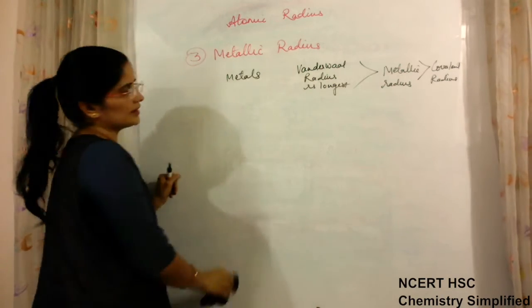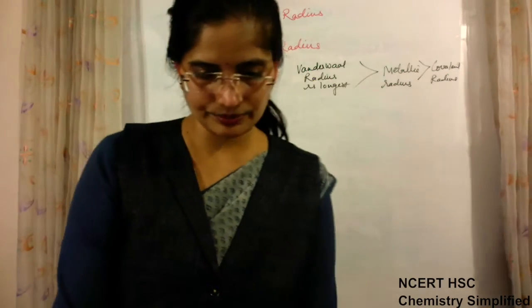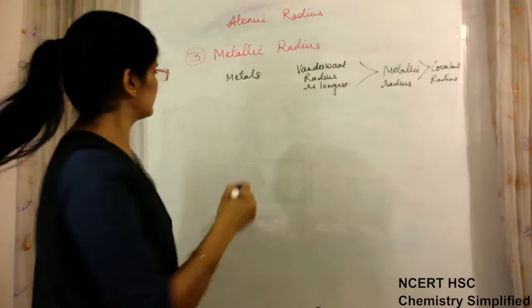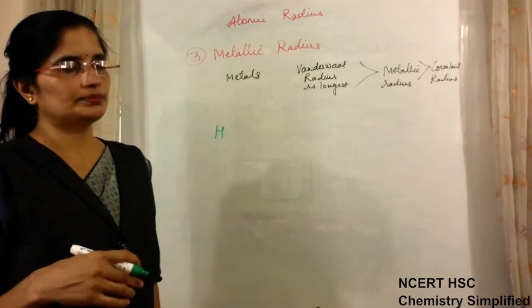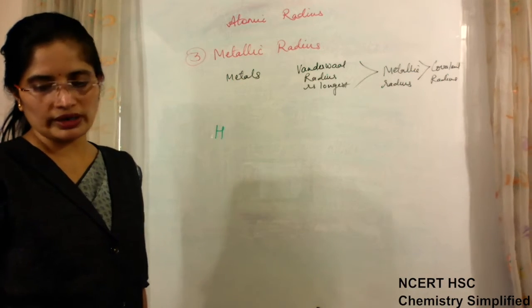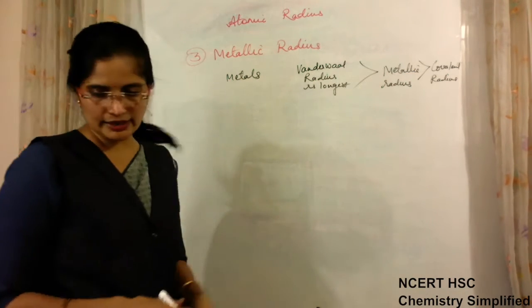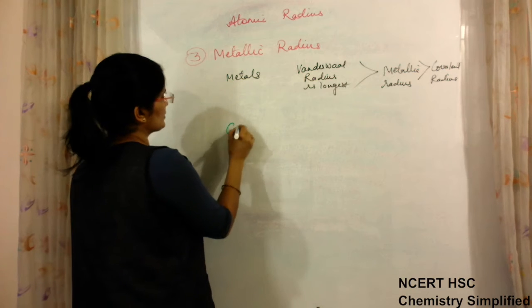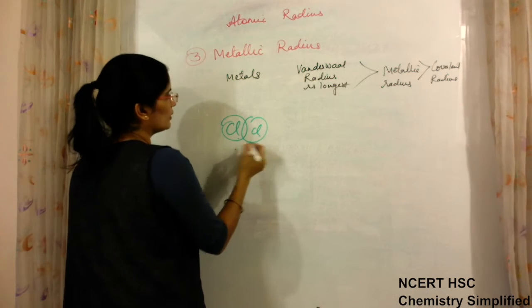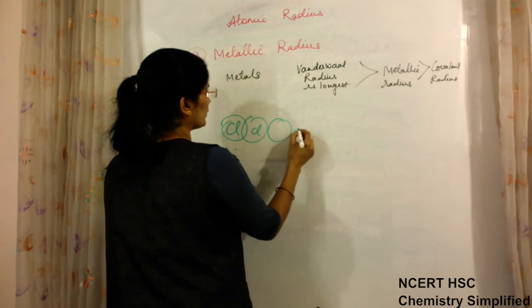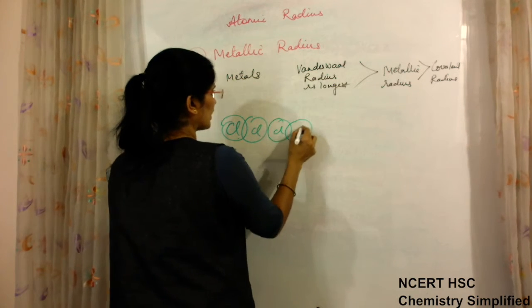It's not necessary, as I told. For example, I have to find the van der Waals radius for a chlorine atom. So one way is this, that for chlorine atom, I can have Cl2 molecules. Cl and Cl having a covalent bond, another molecule of chlorine and chlorine having a covalent bond.